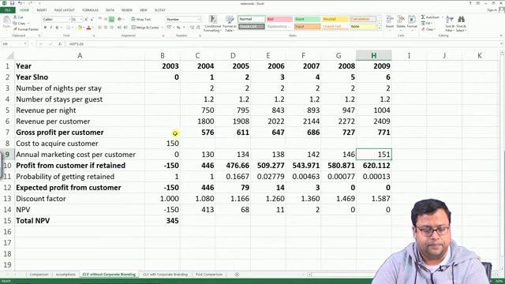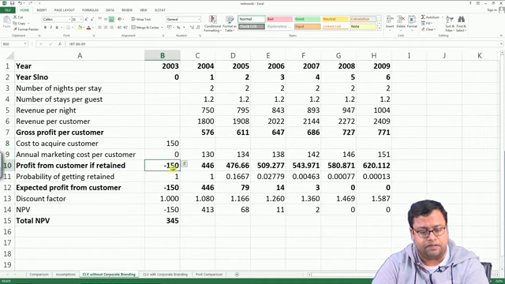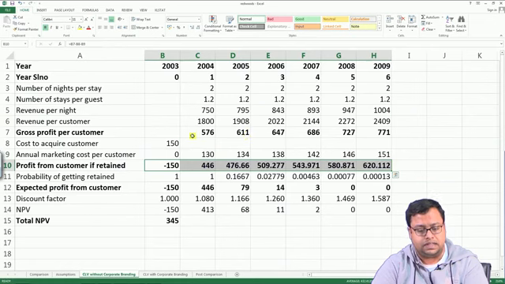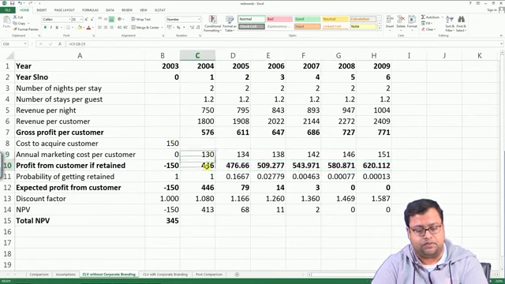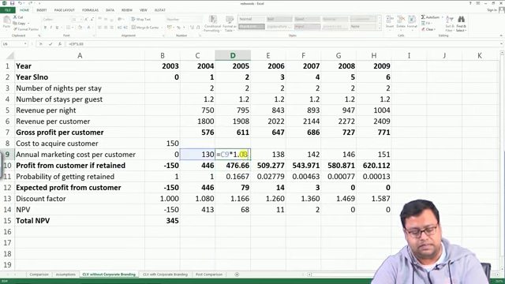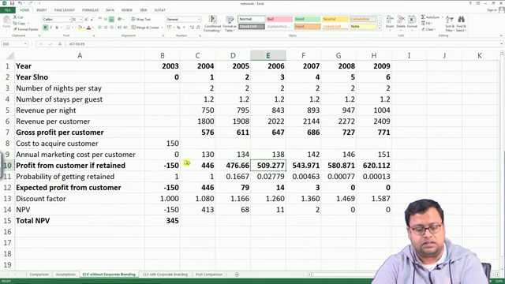That is why the profit is nothing but the gross profit minus the cost, if the customer is retained, and that is how I am getting here, which is nothing but this minus this minus this. So, 576 minus 130, 446; 0 minus 150, minus 150; 611 minus 134, that is why I am getting 476, 166. These values are actually up to the decimal point, so you can check that, and so on.